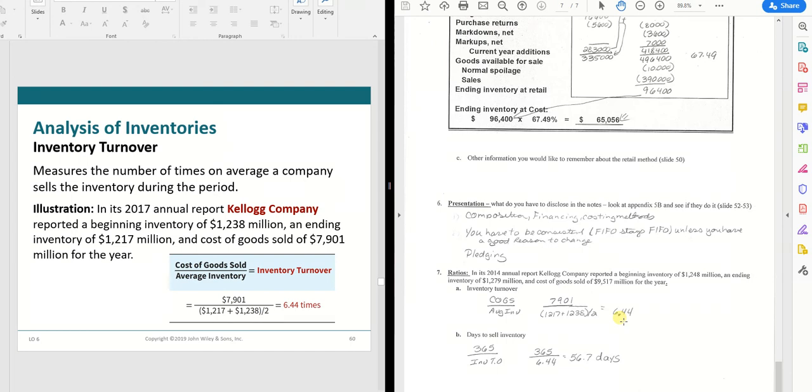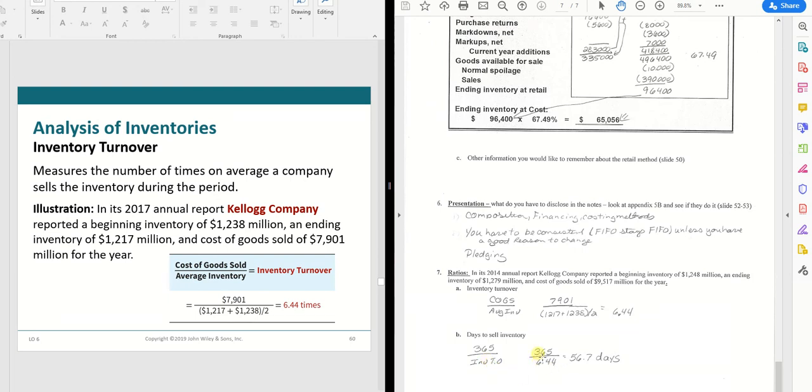Then you can think about, all right, if we turn over our inventory 12 times a year, how long is it staying on the shelf? Well, 12 times a year it would stay on the shelf about, yes, 30 days, a month, right? So it makes sense that if it's turning over around 6 times a year, this one is close to 60. So the days to sell inventory is approximately how long inventory stays on the shelf.